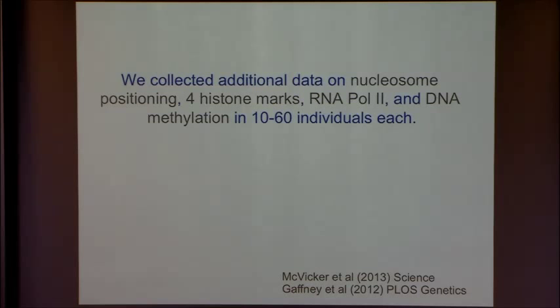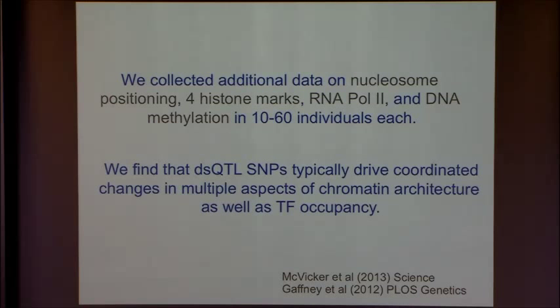And what we find is that these dsQTL SNPs are typically driving very coordinated changes in a whole suite of different aspects of chromatin. So these different aspects of chromatin are really co-varying together, and individual SNPs are able to toggle the levels of all of these things simultaneously.